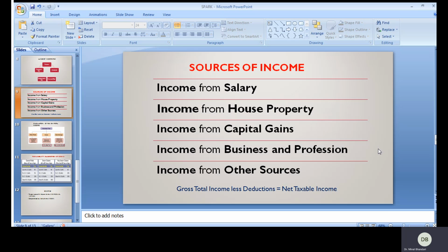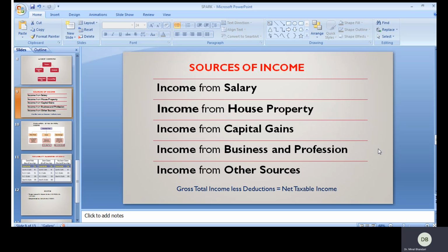So at the end of the year, an individual or any person has to declare their sources of income, and at the end of the year they need to declare their total income.